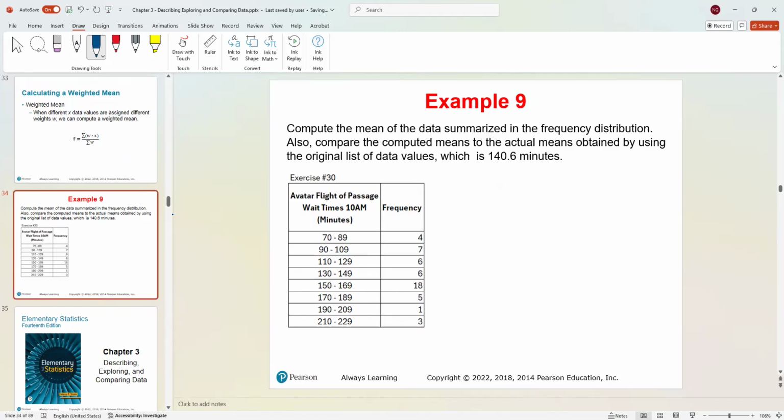We just use a formula to do that. First of all, we have the frequency. All you need to do is find the class midpoint. What is the class midpoint?